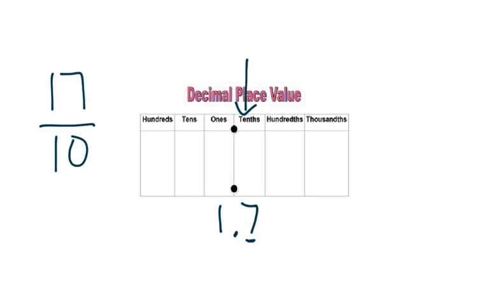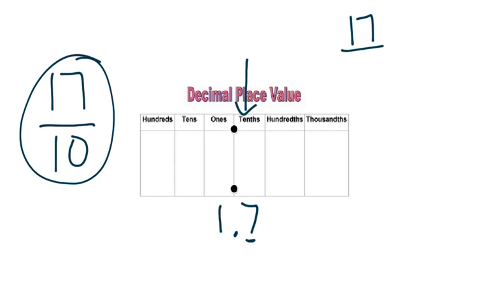Another way is to take this and change it to a mixed number, because that's an improper fraction. So 17/10. 17 divided by 10, we can get 1. The remainder is 7, and we write that over 10.